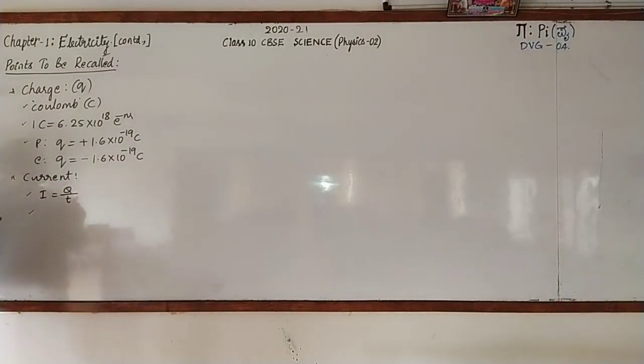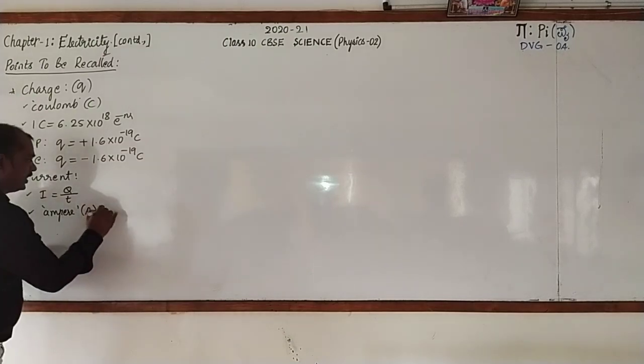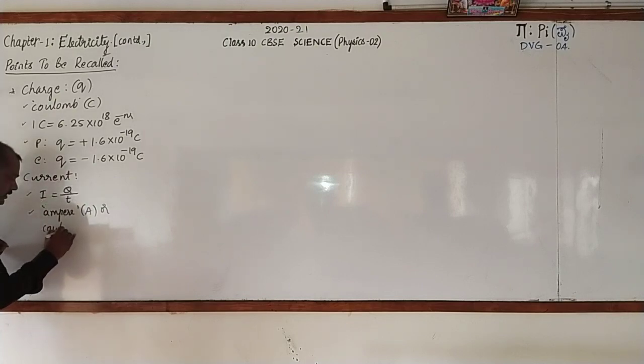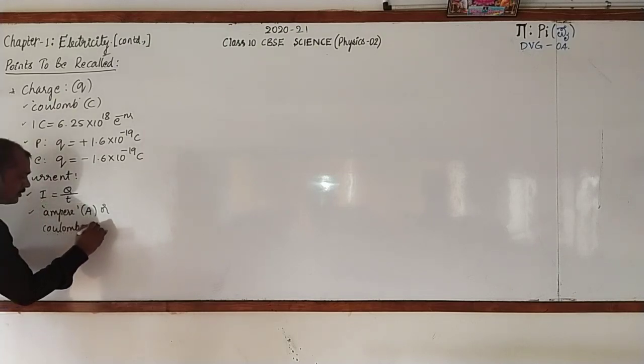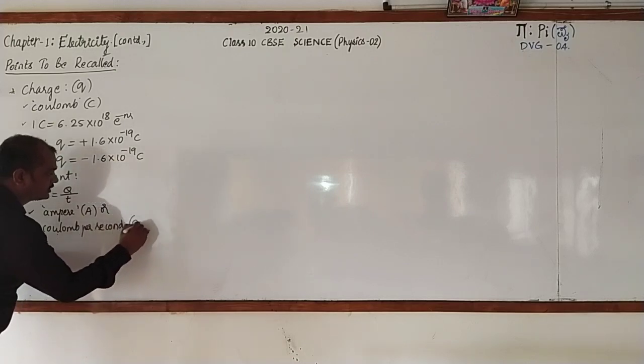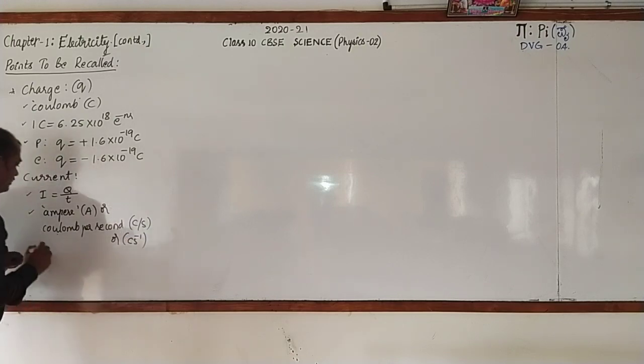Then what is its SI unit? SI unit is ampere. Symbolic representation is A, and the actual unit of current is coulomb per second. Then symbolic representation can be written as C/S or C S raised to the power minus 1.